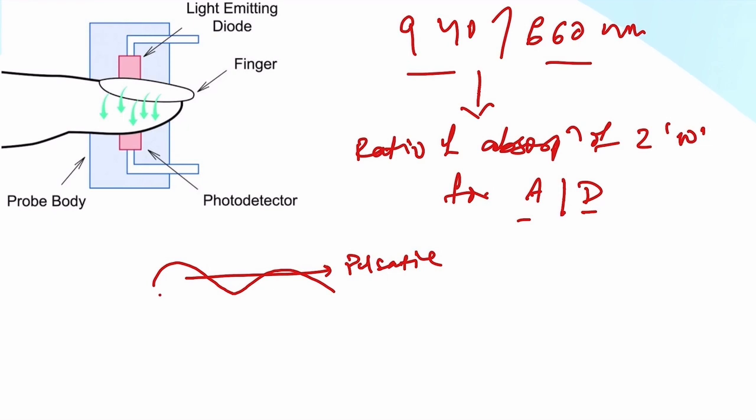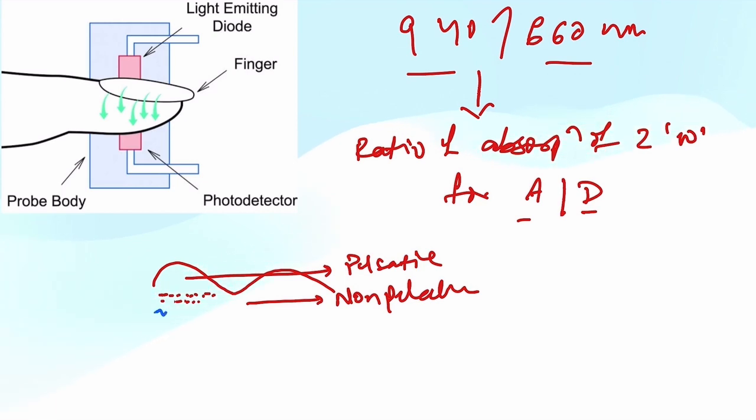Some arterial part will have a non-pulsatile component. Then there must be some venous component, and below that some tissue component, right?